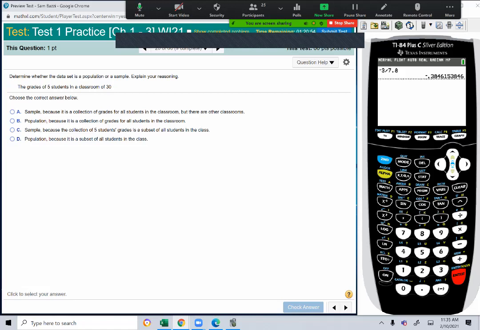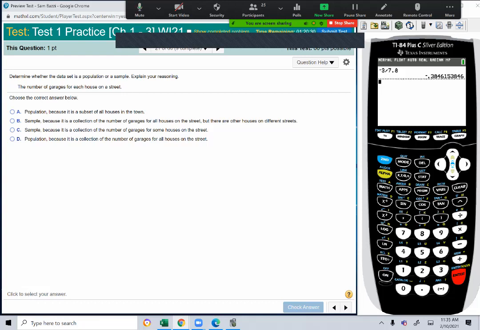Determine whether the data set is a population or a sample. The grades of 5 students in a classroom of 30, guys. Is this a sample or a population? Sample, definitely. It's 5 students out of 30, so it is a sample. Determine whether the data set is a population or sample.